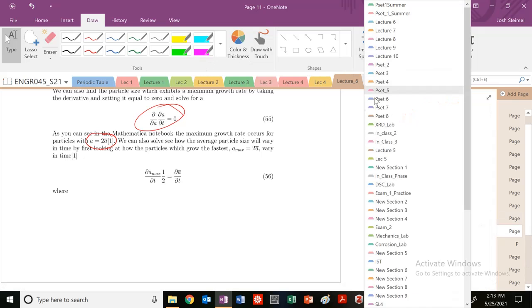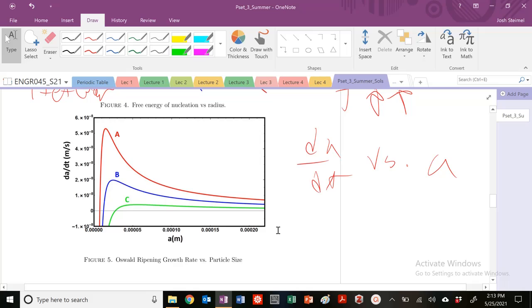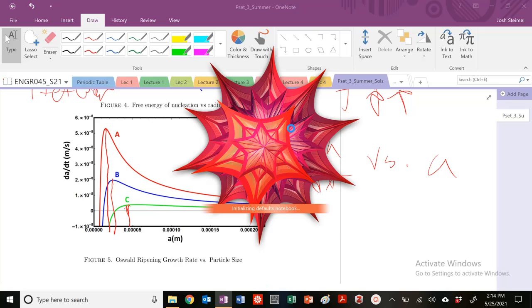So I can find the maximum located here. Let's draw a little straighter. Those would be my 2A bars.